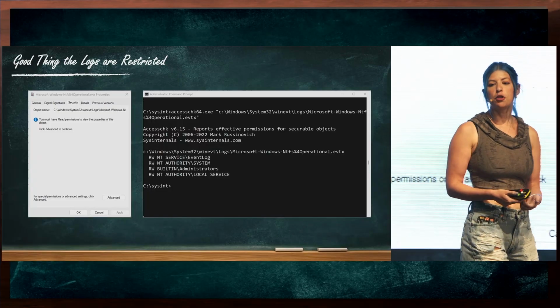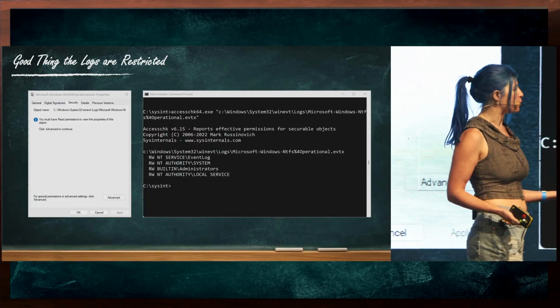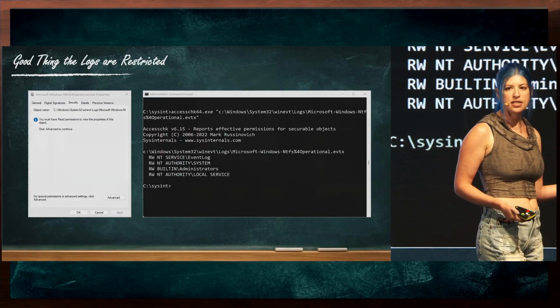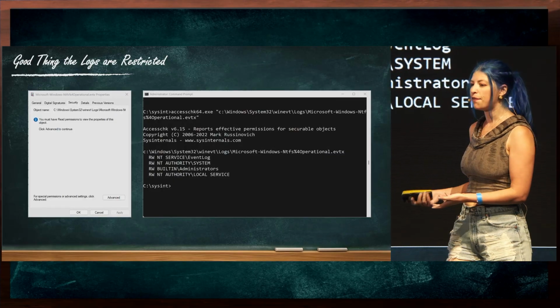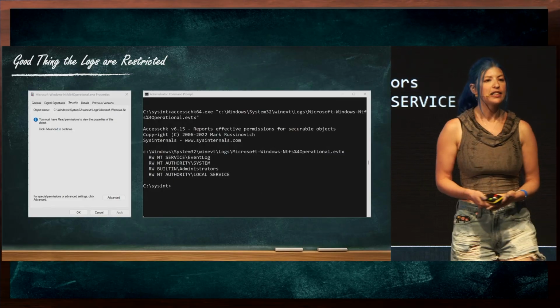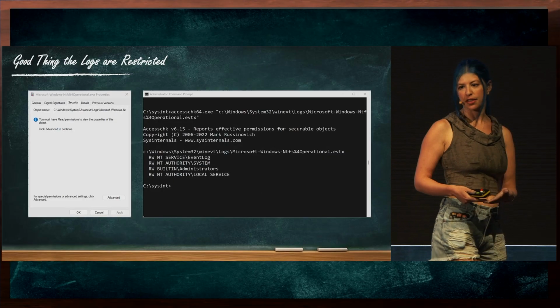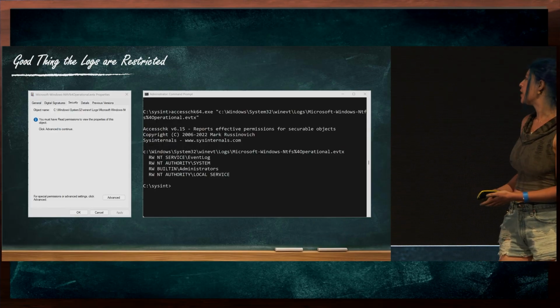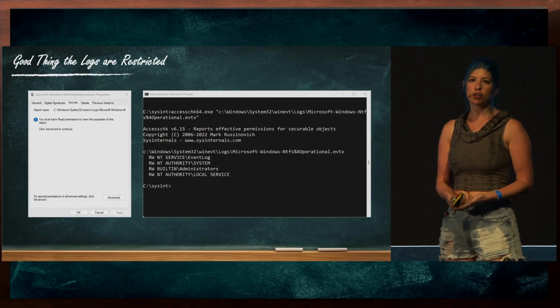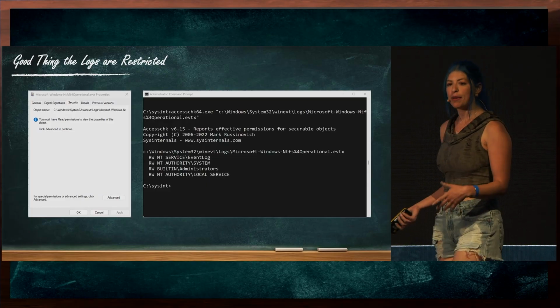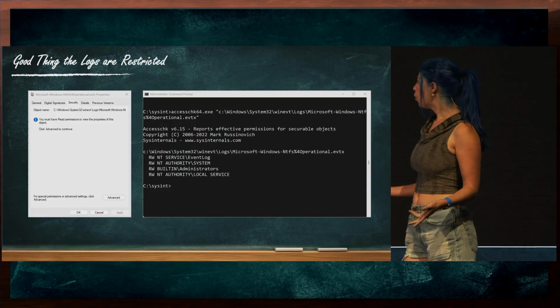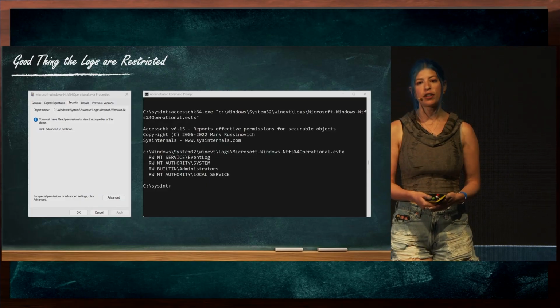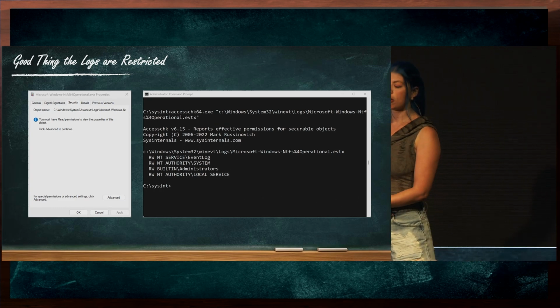Well, good thing you need to be an admin to get those kernel pointers. ETW events get written to a file on disk. Those files are in a protected directory, the logs directory, that, at least based on the security descriptor, you need to be either an admin or system or local service or the event log service to read those logs.